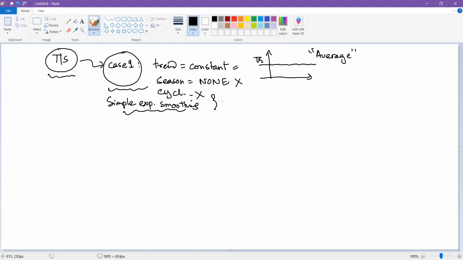But this is only useful if I'm going to do a short-term forecast, because looking at the previous data, there was no trend or the trend was constant, and there was no seasonality, no cyclicity, but there is no guarantee the same thing is going to repeat in the future also.